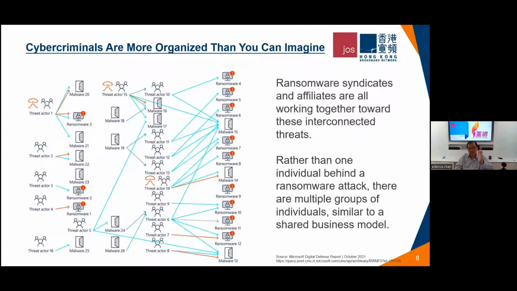Then they have the so-called developers. They have the people who do the so-called infection of potential victims. So you look at it, they are so organized that it is run as a business. It is a very profitable business.